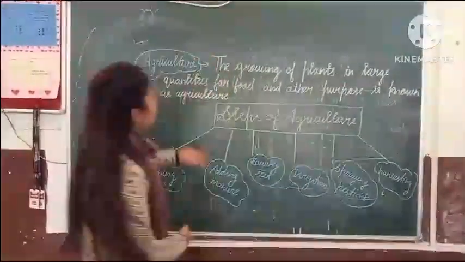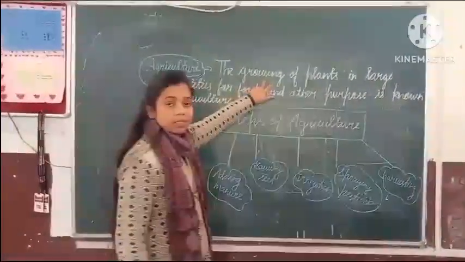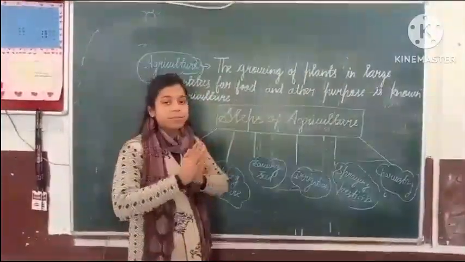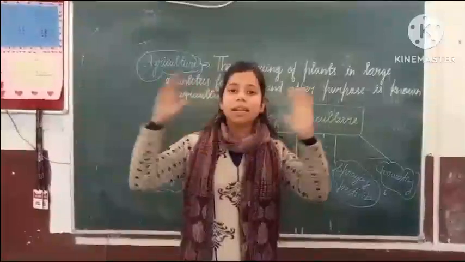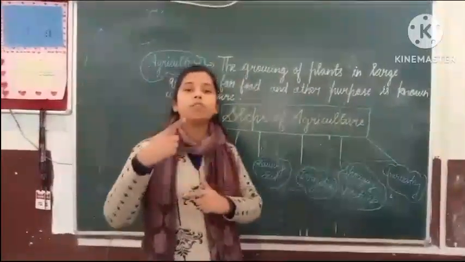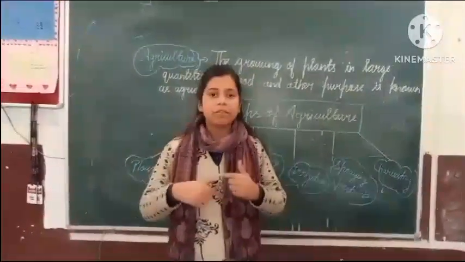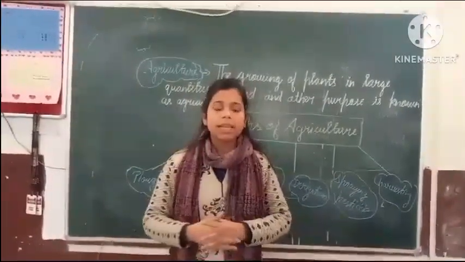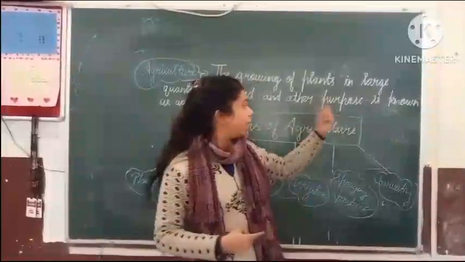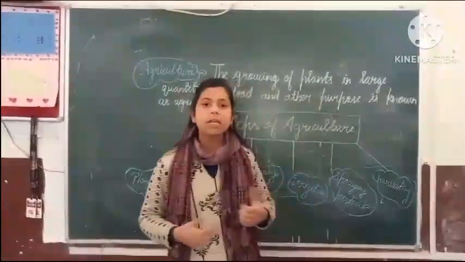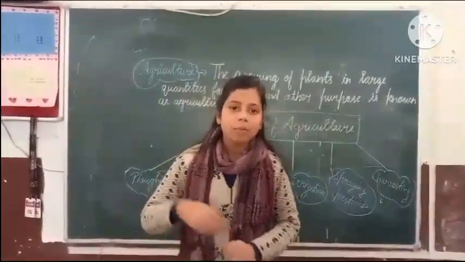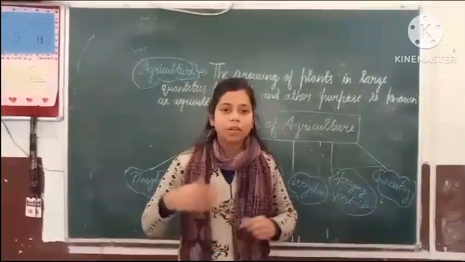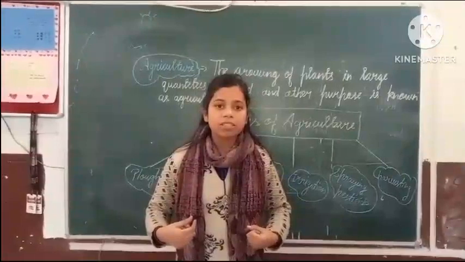Now see, the growing of many plants in large quantities. Large means so much. In large quantities for food. Food means whatever we are eating, like rice and rotis, all the things for food and other purposes. What are the other purposes? कि आपको medicine के लिए भी हम crops को grow करते हैं, and for our clothes, from where do you get your clothes?